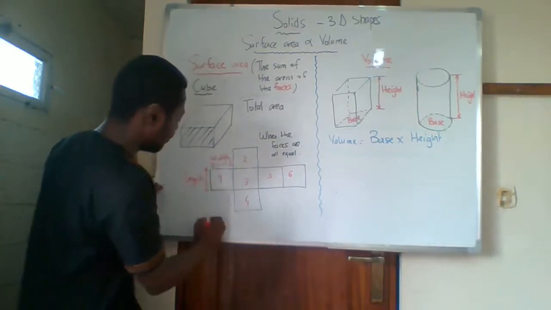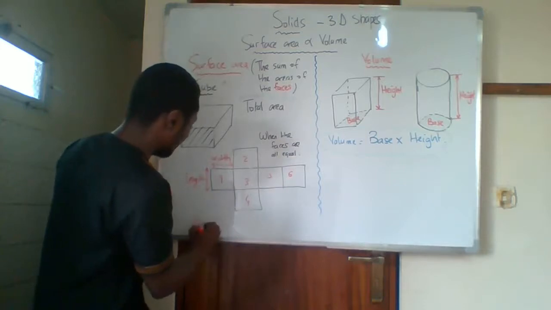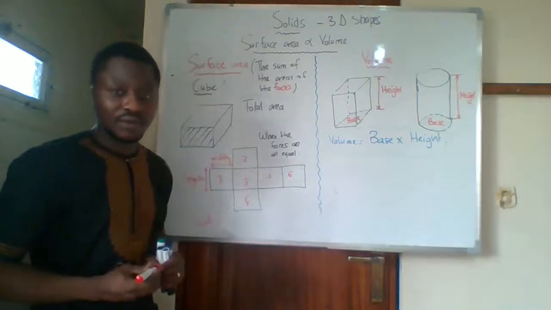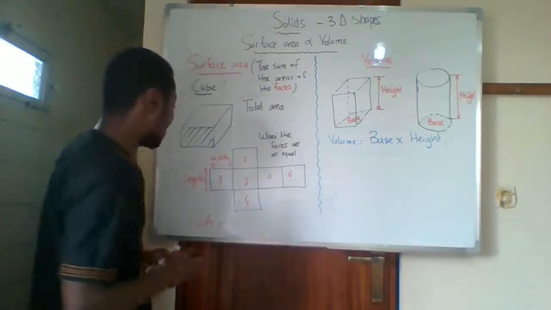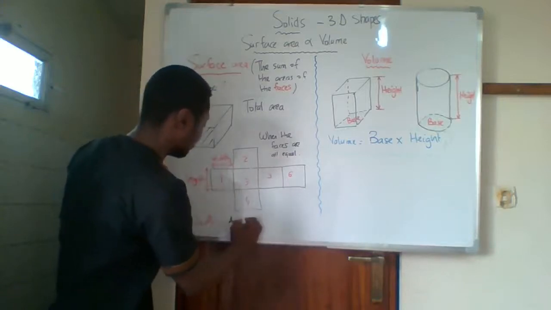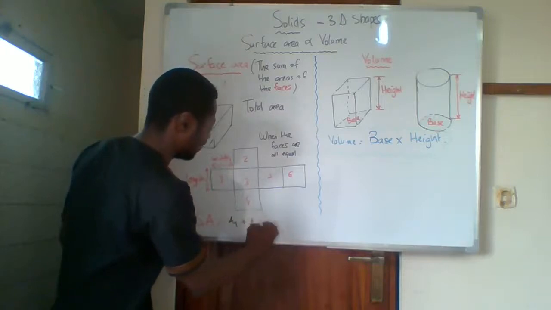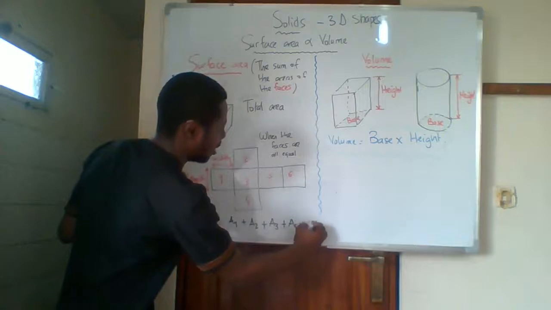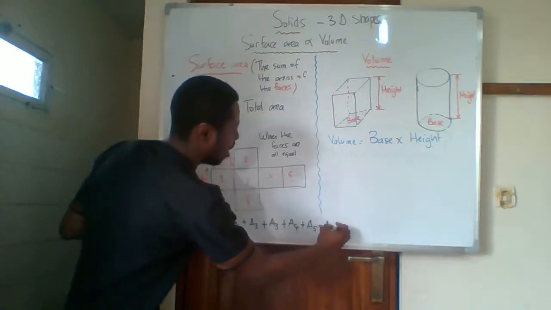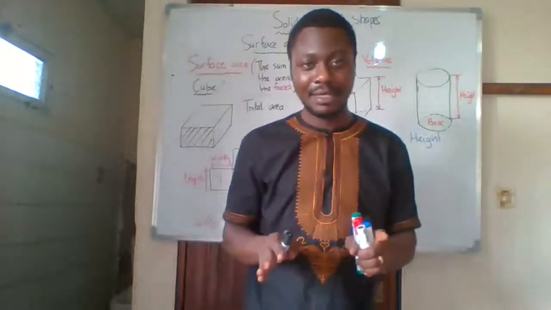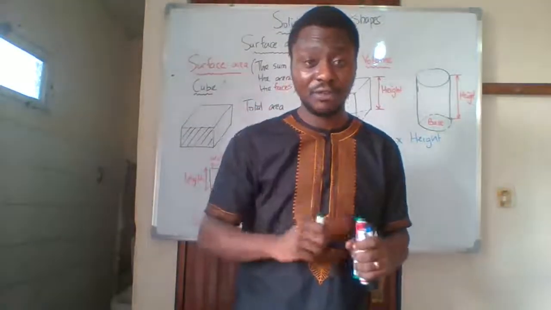The surface area, I can call it SA, to make it short. SA will be the area of the first face plus the area of the second face plus the area of the third plus the area of the fourth plus the area of the fifth plus the area of the sixth. So if I add up the areas of all the faces, I get the surface area.